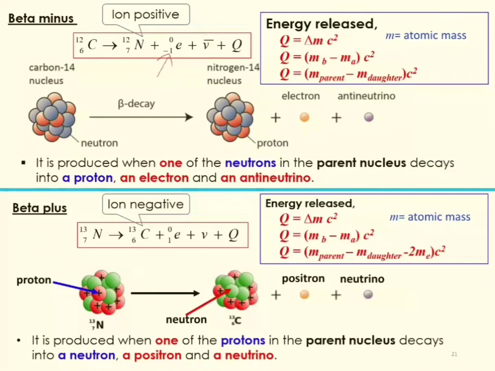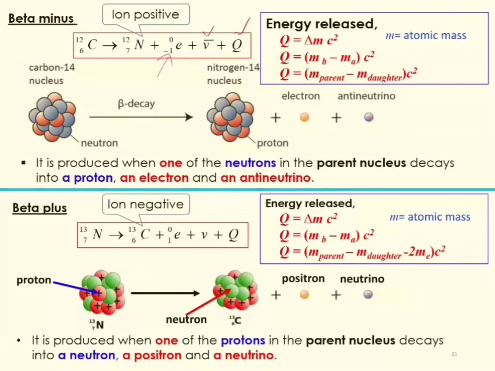Beta minus must be paired with the anti-neutrino and also releases energy. The energy Q equals delta M c squared, where delta M is M_B minus M_A. M_B is the mass of the parent, carbon-12-6, and M_A is the mass of the daughter. It is produced when one of the neutrons in the parent nucleus decays into a proton, an electron and an anti-neutrino.